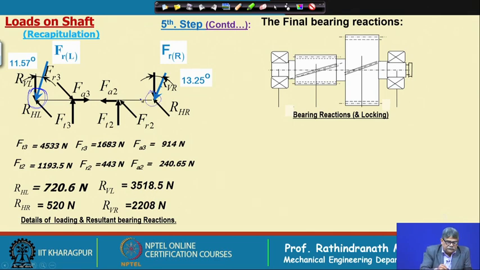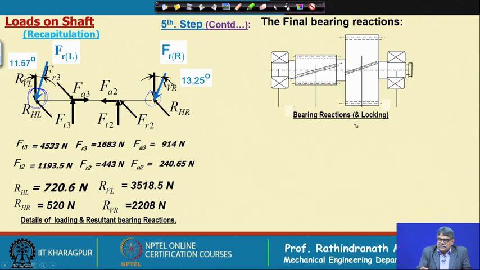Also in the horizontal plane at left bearing it is 520 Newton, and in the left bearing it is 720.6 Newton, and right bearing it is 520 Newton. Whereas, these are the acting loads, the tangential load at this tooth. We should remember that this is the plan view, top plan view of the gearbox.